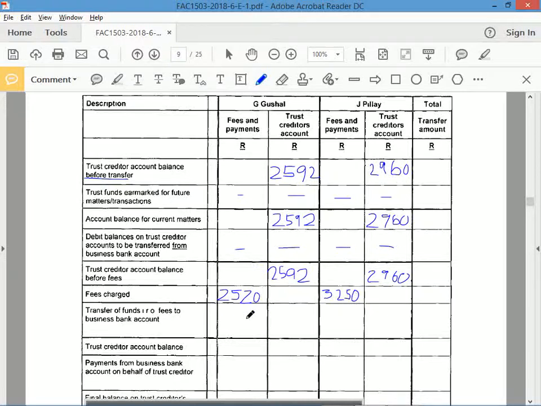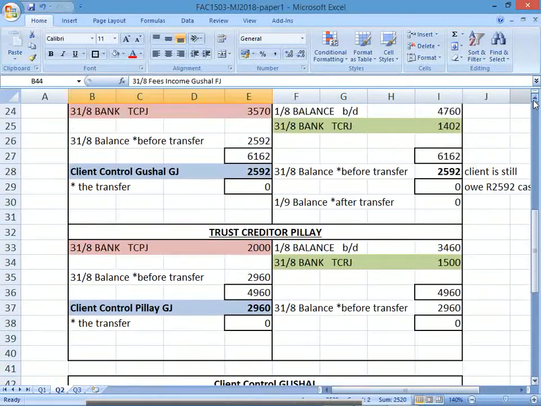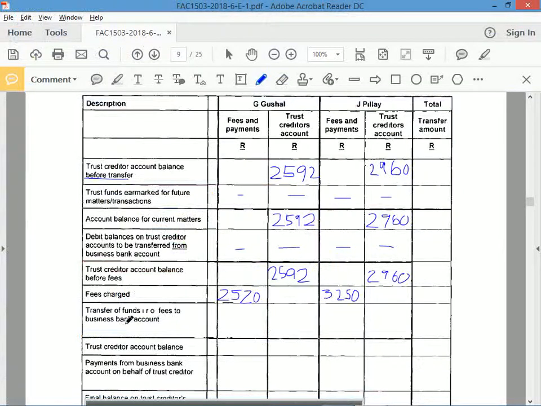Then they say transfer of funds in respect of fees to business bank accounts. That we've got. Let's go back. Where's the transfer? There's the transfer. 2592. So transfer of funds in respect of fees, you would have shown a negative here, minus 2592. Minus 2960.